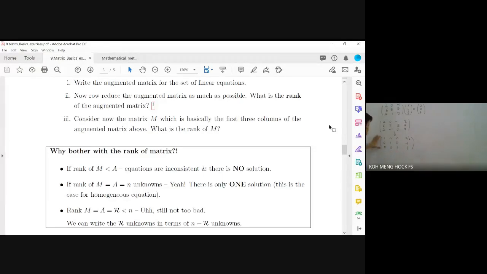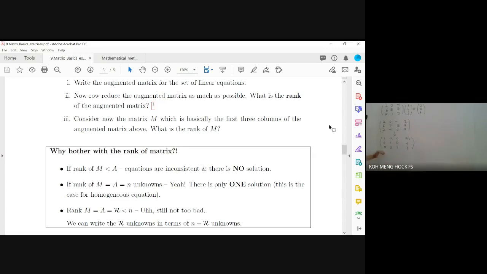So the augmented matrix in this case is rank 3. And the matrix M, which is this part only, is also rank 3. So augmented rank 3, and the matrix M is rank 3 as well.